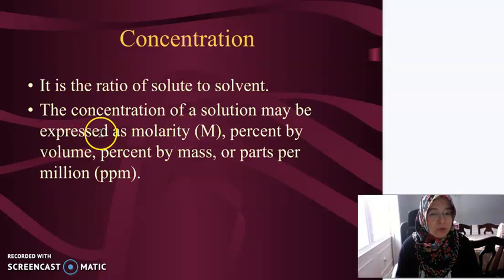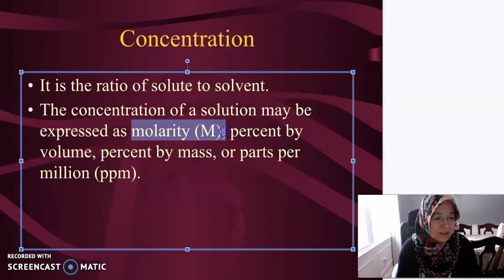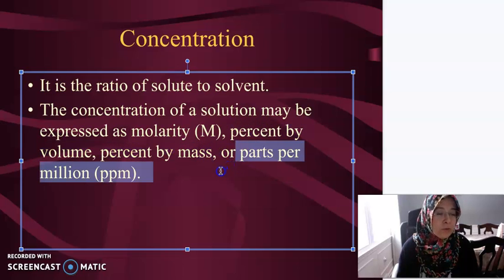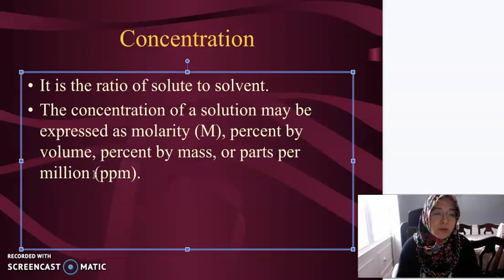It can be expressed as molarity or percent by volume, percent by mass, or part per million, ppm. You may see that in the news, like the carbon dioxide level is that much ppm, the mercury level is that much ppm.